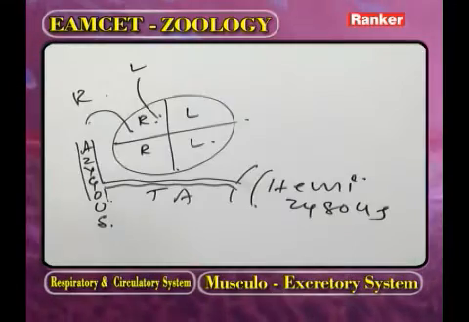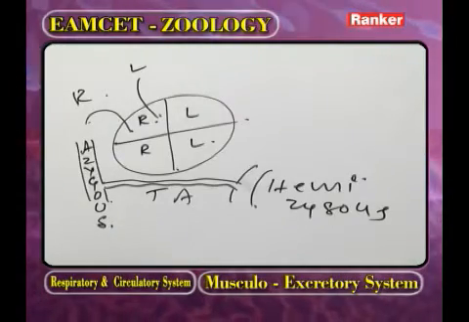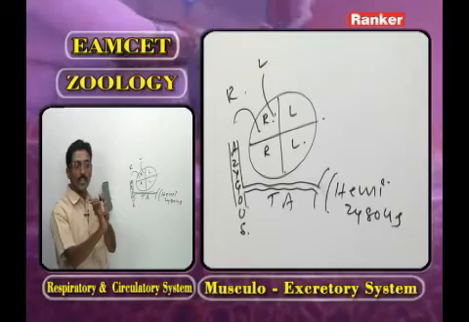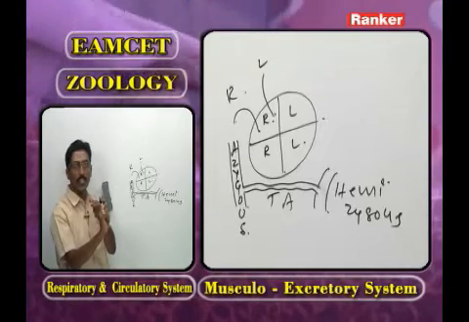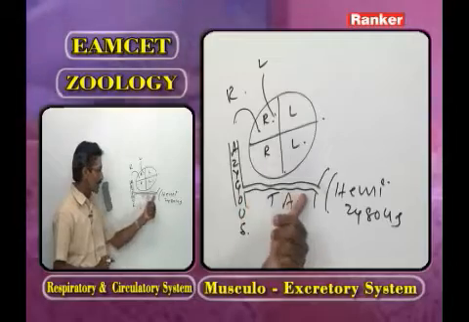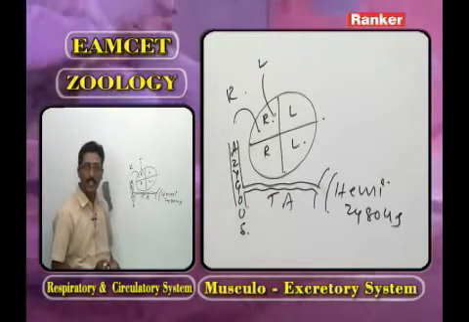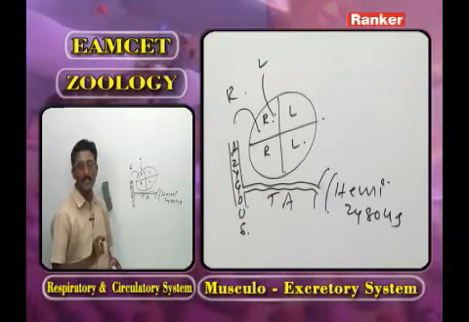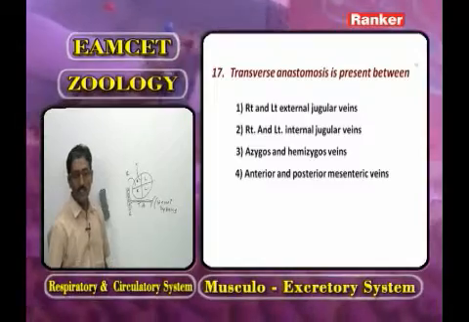In the last bit we discussed jugular anastomosis, where the two external jugular veins are connected by a jugular anastomosis. Here hemizygos opens into azygos by a transverse blood vessel called transverse anastomosis. Now we go for the next question.